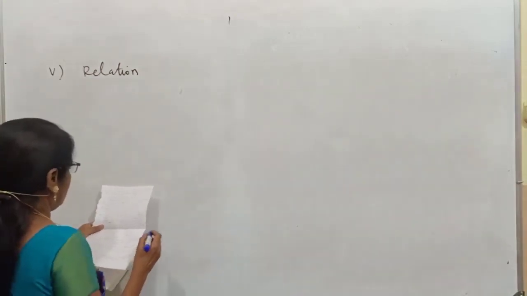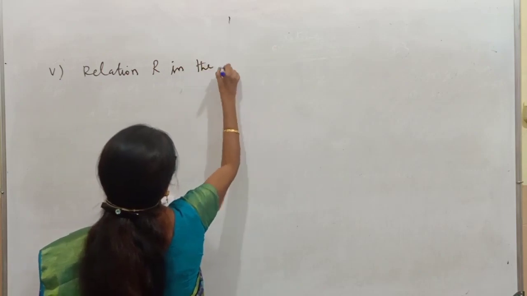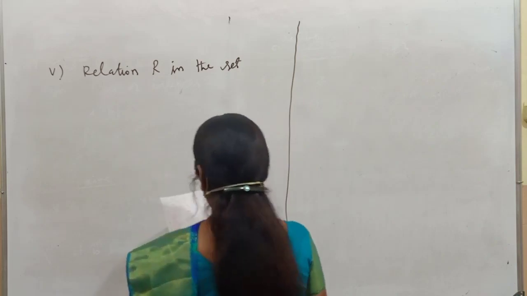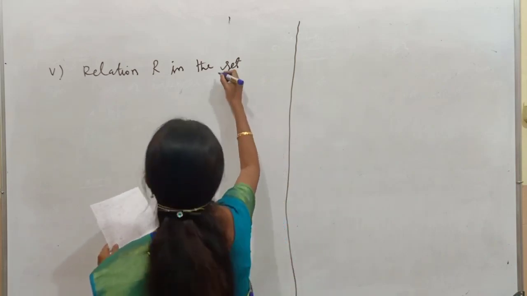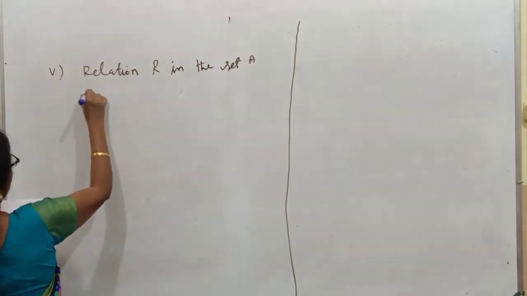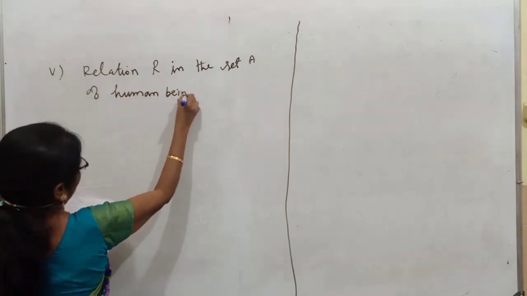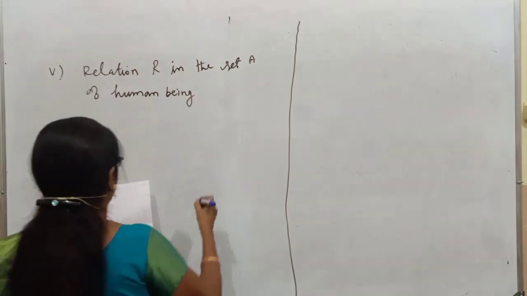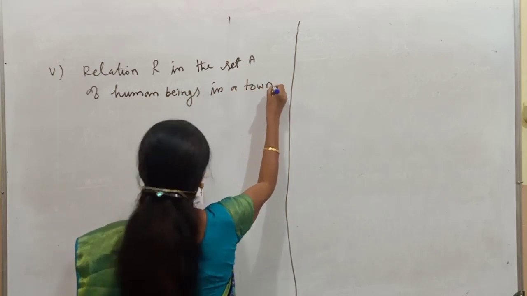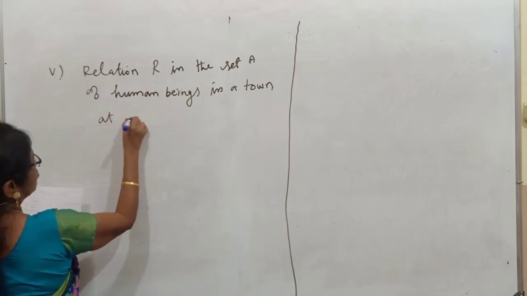The fifth one, the relation R in the set A of human beings in the world. Human beings in a town, it is given at a particular time.